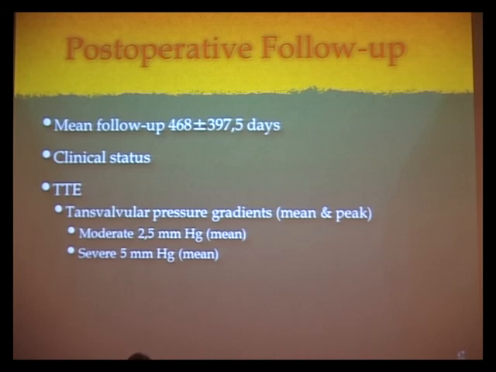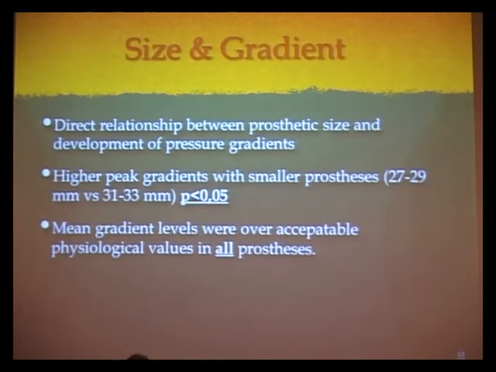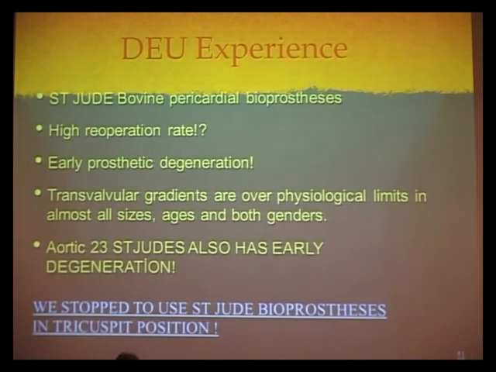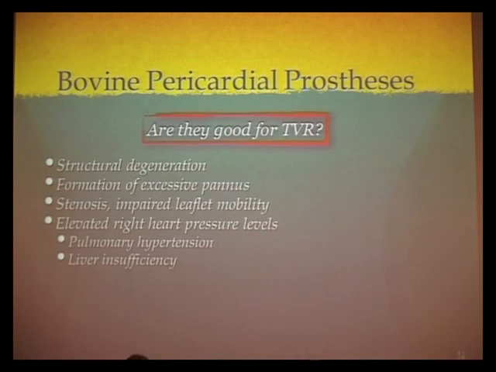After 400 days of follow-up by transthoracic echocardiography as well, we decided that we are having high gradients after tricuspid valve replacement by St. Jude bioprosthesis, then by bovine prosthesis, so we stopped using St. Jude bioprosthesis in tricuspid position this year, very recently.